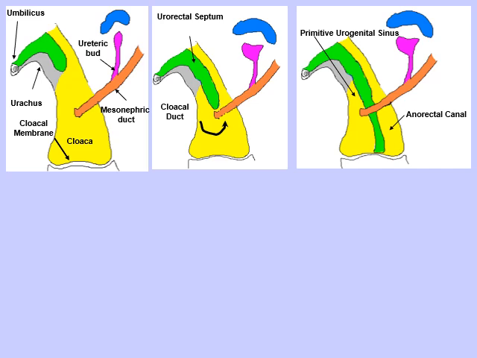The anterior part is the primitive urogenital sinus, which the mesonephric duct opens into, as we discussed at the beginning. This part is responsible for development of the urinary system, urinary bladder and urethra. The posterior part, as a result of development of the urorectal septum, is the anorectal canal. This yellow colored part is the anorectal canal.